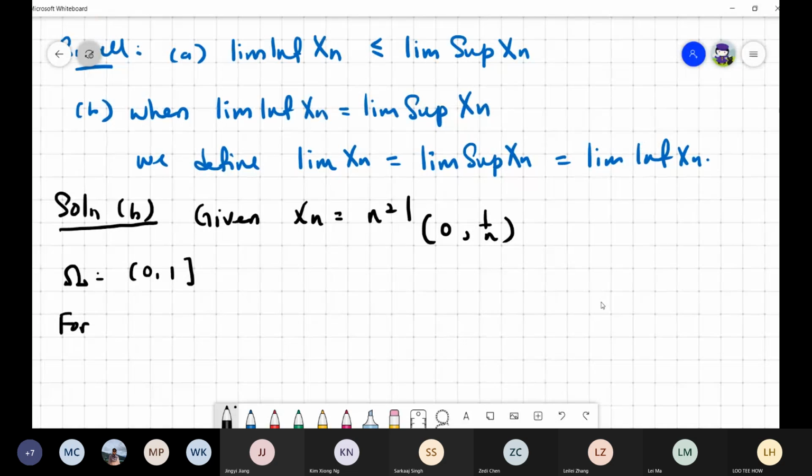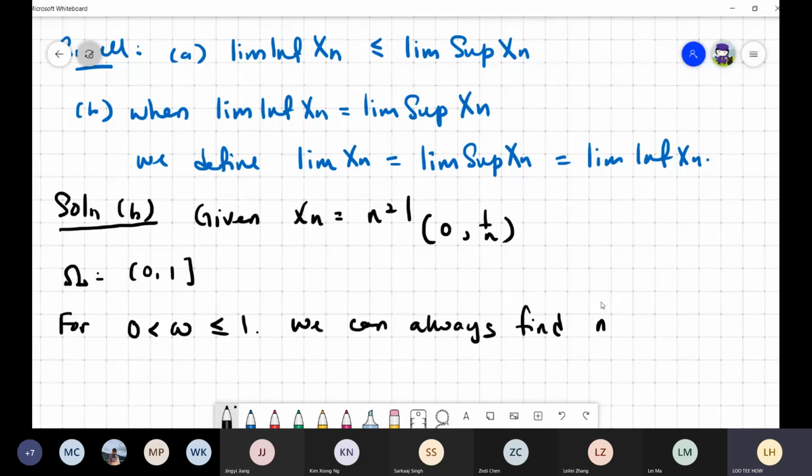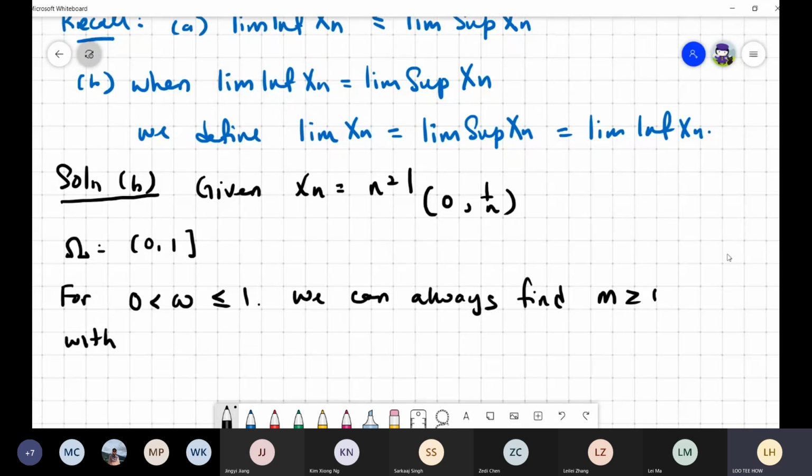So for any omega in between 0 and 1, we know that for any positive number omega, we can always find an integer m with omega greater than 1 over m.